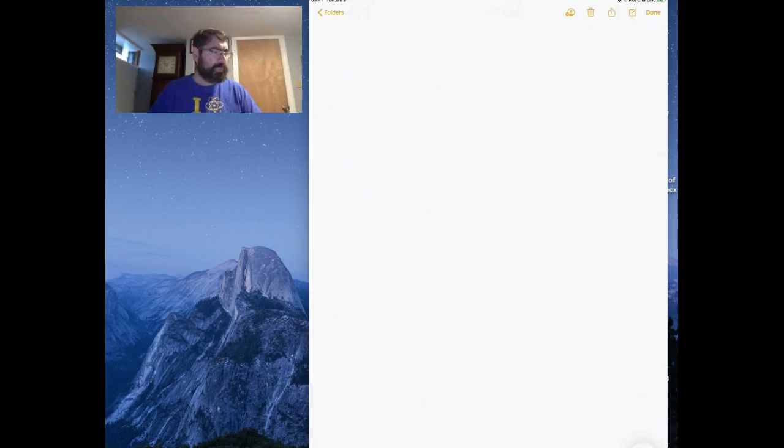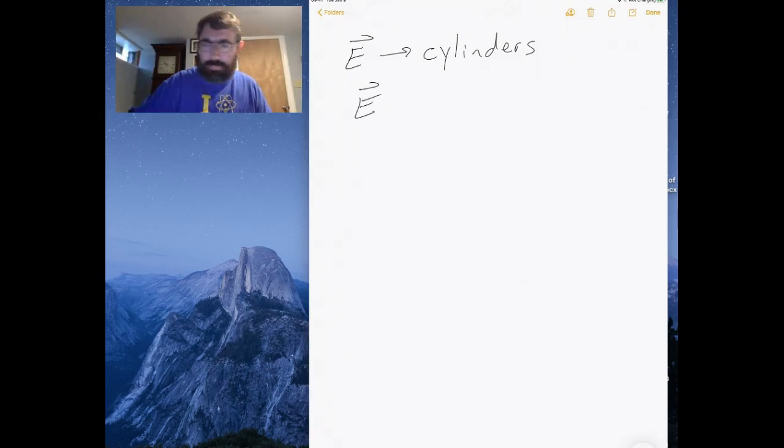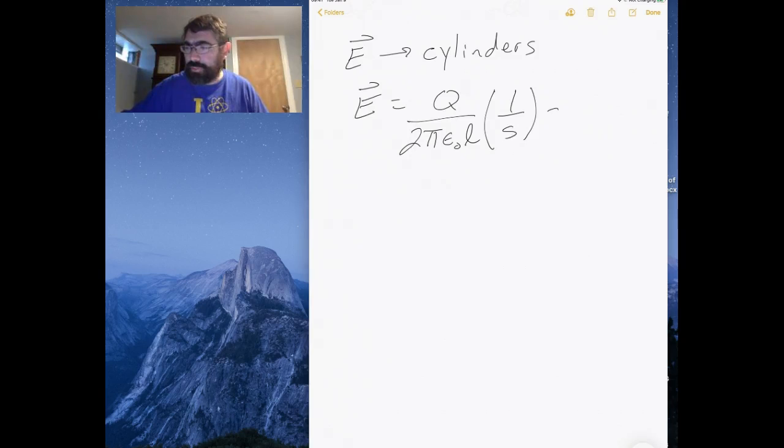Since the cylinders have a charge on them, the electric field is the charge over 2 pi epsilon naught L S, because usually it's the line charge density over S. We've seen this before in different problems.